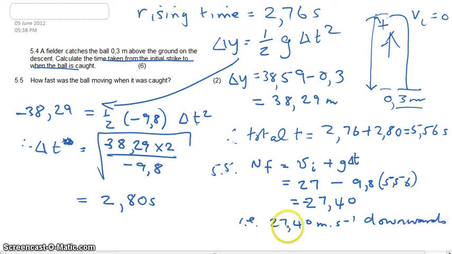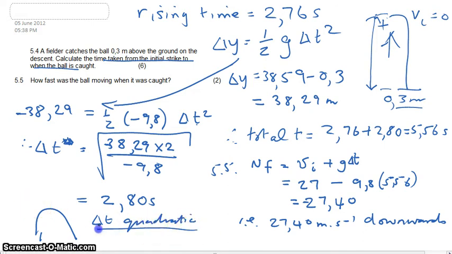So notice that this value is slightly higher than the initial velocity because the ball is slightly lower. If you're very brave, you can do the flight as a whole, and you can work out delta t using a quadratic equation, but that's only for the very brave among us.